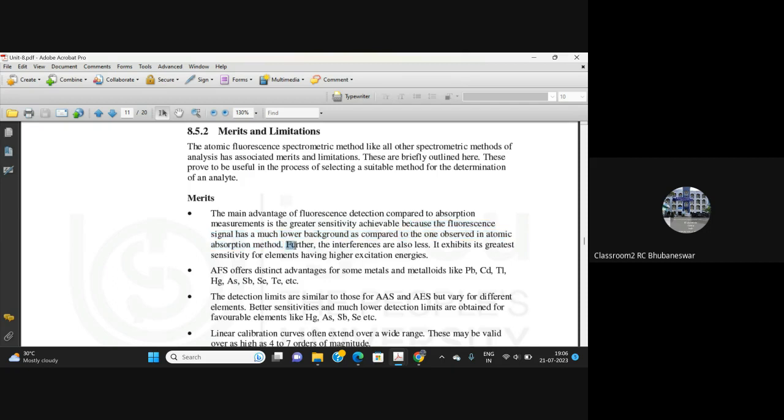Further, the interferences are also less because the intensity of the source is so high. The other interferences just get neglected. It exhibits its greatest sensitivity for the elements having higher excitation energies.